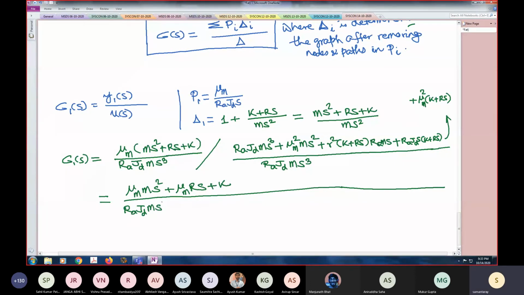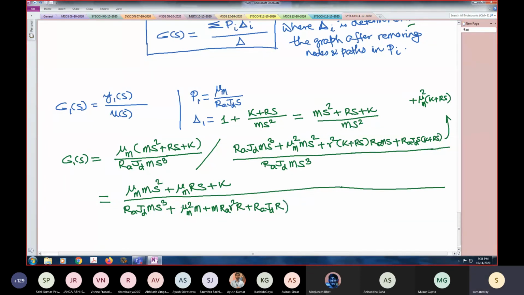RAJD MS cube, then square terms mu m square m, then you have r square k RA m, mr square k RA plus mr square m RA r square r, that will be a square, then RAJD r, that will be a square. That will be a square and nothing else.